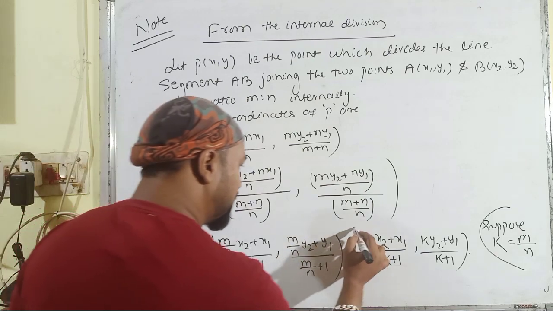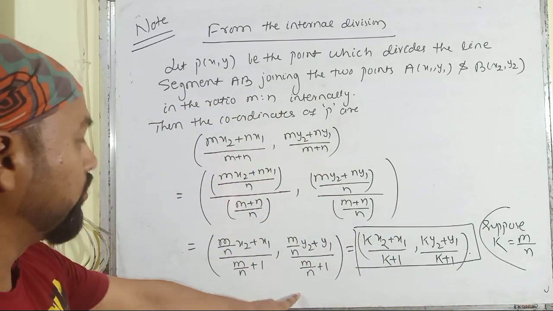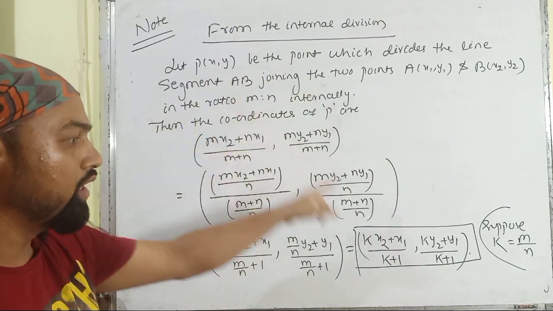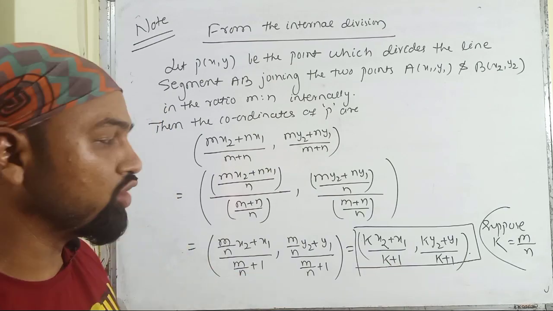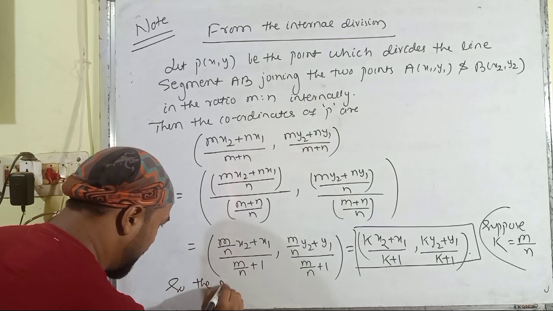So from this data, we can also write that the point P(x, y) divides the line segment AB in the ratio k is to 1, where k is equal to m upon n.